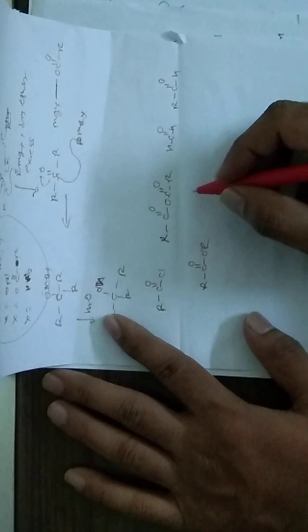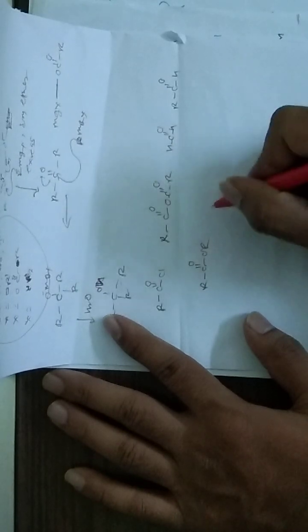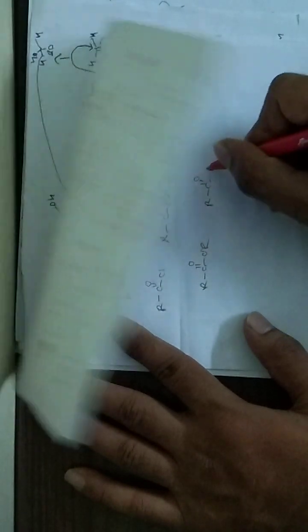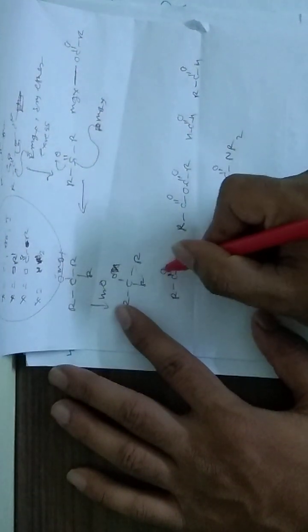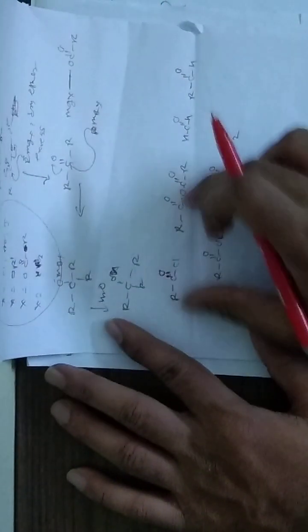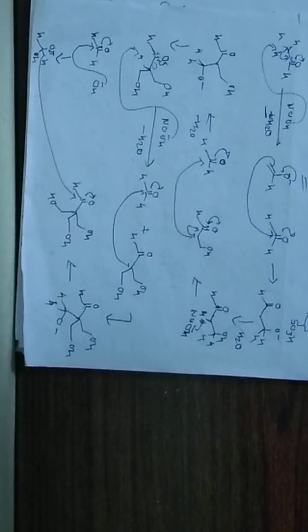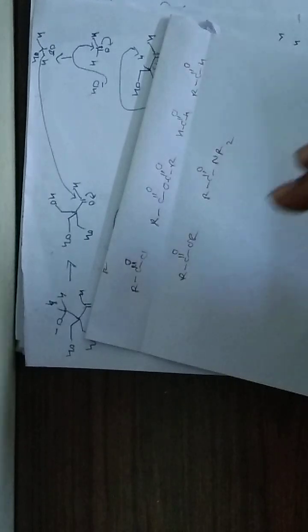Next one, amide RC=ONR2. Now what is the reactivity of Grignard reagent with different types of compounds? Now tell me, Grignard reagent acts as a nucleophile. Is it clear? It acts as a nucleophile. It requires an electrophile, meaning Grignard reagent requires a strong electrophile.